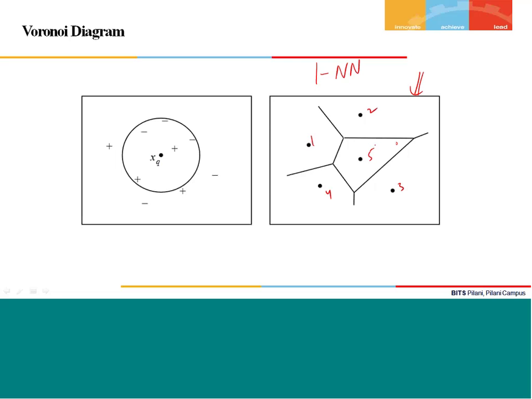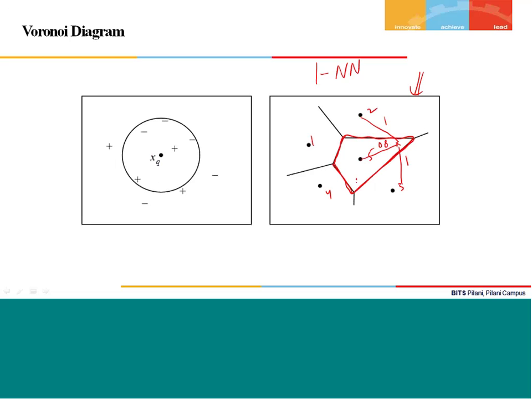For example, my query point is this. The distance to this point is smaller than the distance to this point and this point. Let's say this is 1, this is 1, and this is 0.8. So what this hexagon is saying is that anywhere you take a point in this hexagon, its distance is always less than the distance from other points. So this is why it shows a kind of boundary or region.